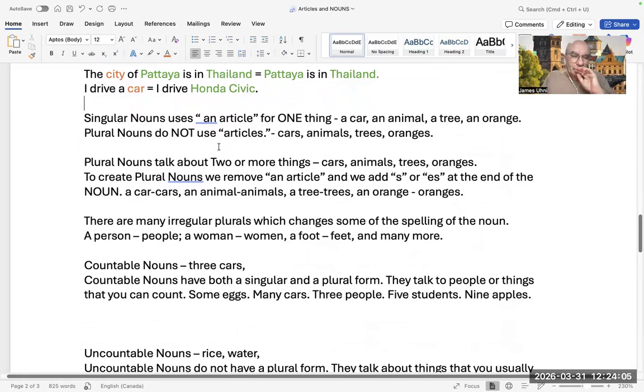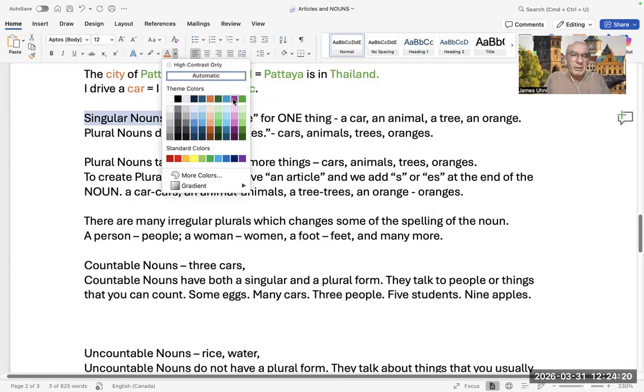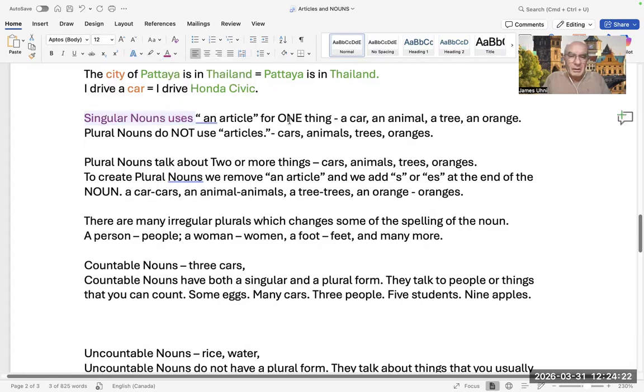Now, we have singular nouns, and they use an article for one thing. A car, an animal, a tree, an orange.